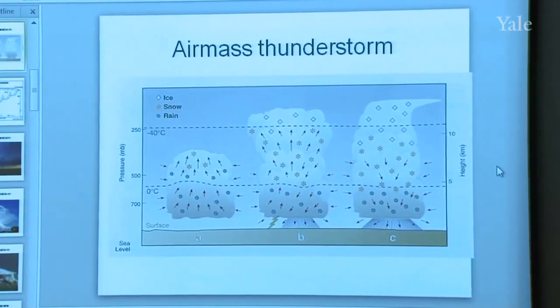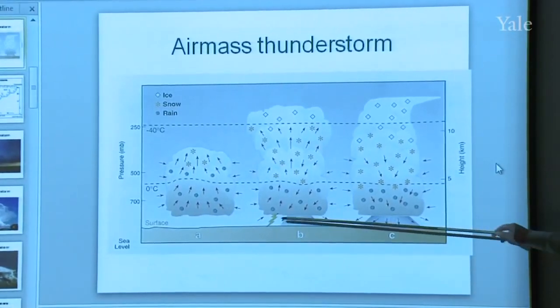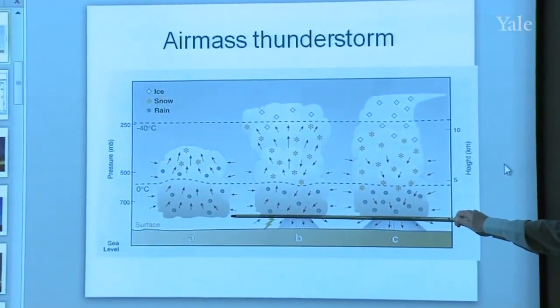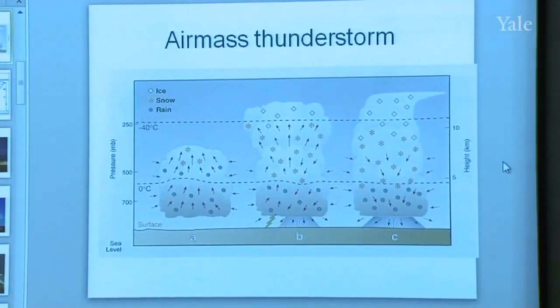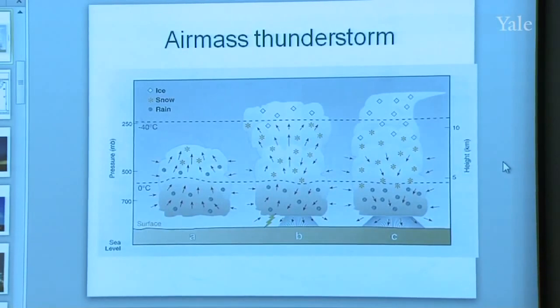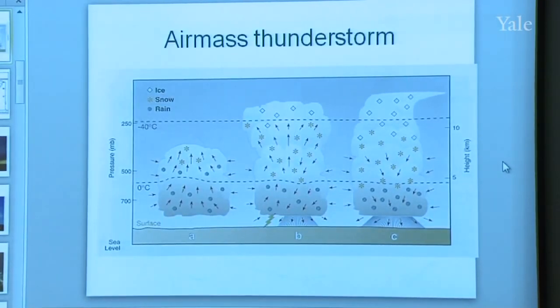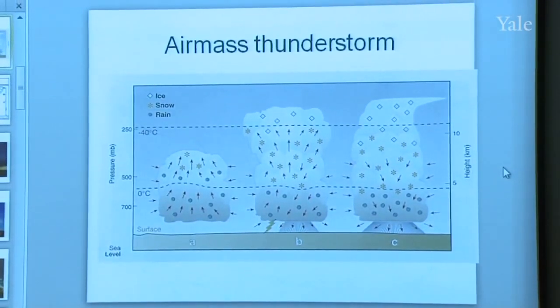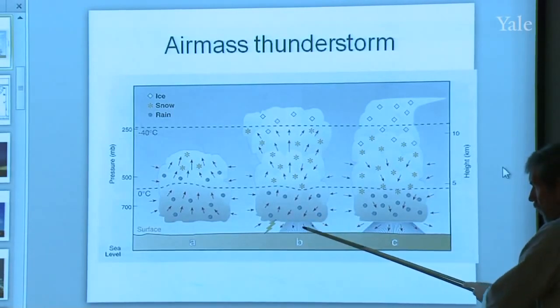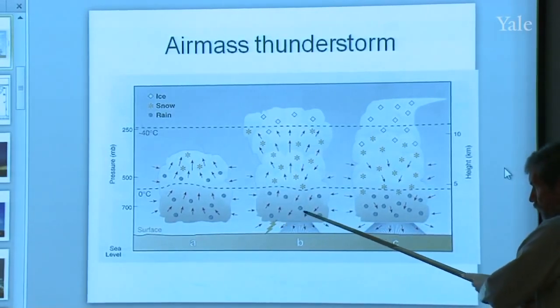Once the rain begins, the rain falls below cloud base into air that has a relative humidity less than 100%, and some fraction of the raindrop water mass is going to evaporate before those raindrops hit the surface. That evaporation causes some cooling in this area.